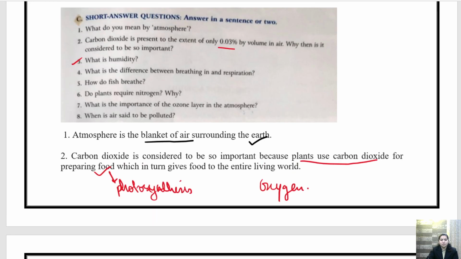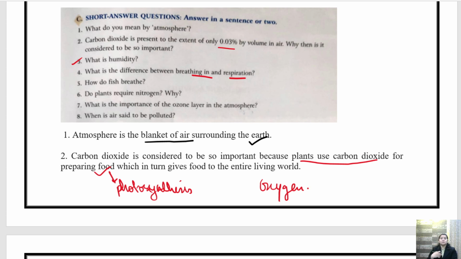What is the difference between breathing in and respiration? What is the difference between the two? Children, I have already discussed this question: during the process of breathing, we only inhale oxygen and exhale carbon dioxide. That's it. Inhalation and exhalation is breathing. But what is respiration?